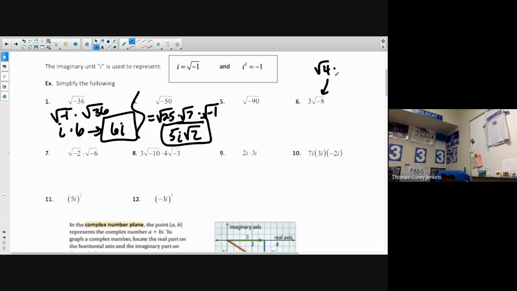So we have the square root of 4 times the square root of negative 1 times the square root of 2. All together that would be 2i square roots of 2. Then we have 3 times that, 2i square roots of 2. 3 times 2 gives me 6. So the final answer here would be 6i square root 2.